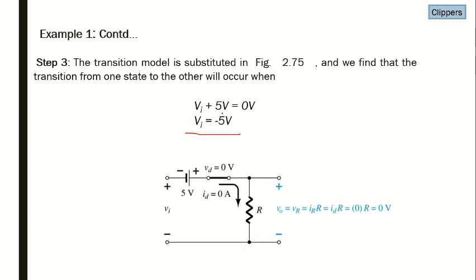So Vi plus 5 volt is equal to 0 volts. So we are getting 0 volts here when the applied potential is minus 5. When the applied potential is minus 4, we'll get something. Definitely we'll get at least 1 volt, because minus 4 plus 5 is equal to plus 1.